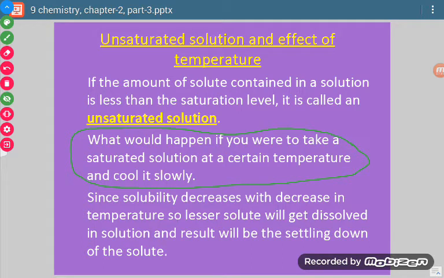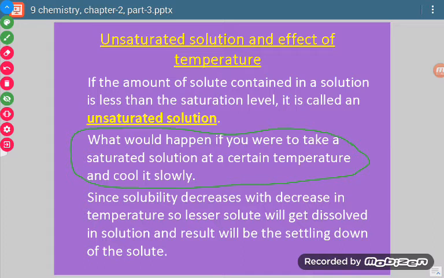The question is that if I take a saturated solution, say at 25 degrees Celsius, I cannot dissolve more solute in it. Now I take this solution and start decreasing the temperature from 25 degrees to 20 degrees. So what will we observe? Since solubility depends on temperature, when the temperature was 25 degrees Celsius, the solubility value was more.